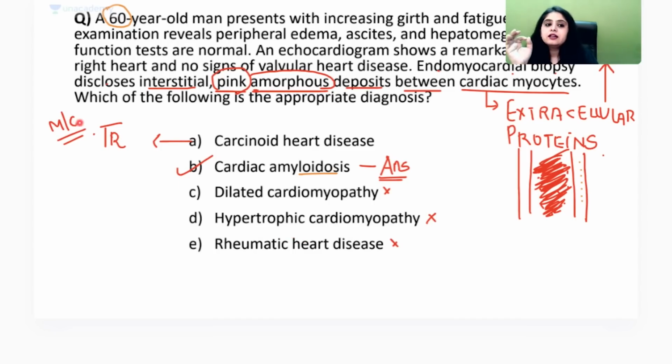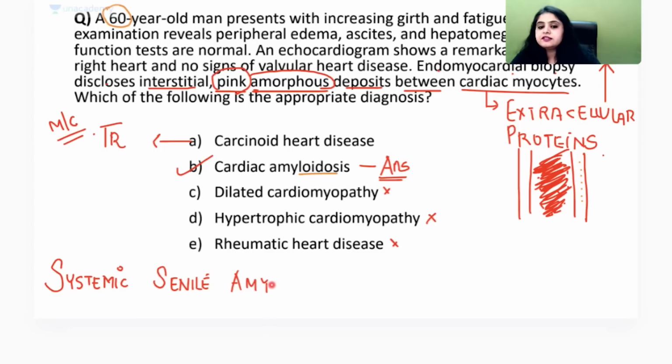And now tell me, obviously, I am clearly talking about systemic senile amyloidosis. Systemic senile means old age. Yes, my patient is an old age patient, 60-year-old. In systemic senile amyloidosis you will say that, ma'am, I've understood amyloid, I've understood senile, 60 years.